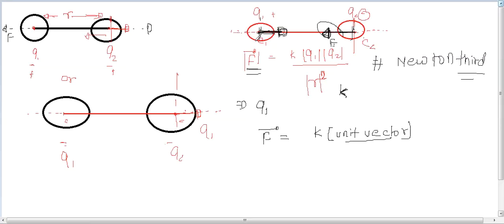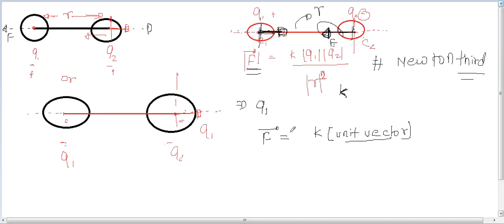Just think about it in a geometrical manner, and you will be able to solve vector problems. So here we can find this direction with the help of the geometry of vectors.